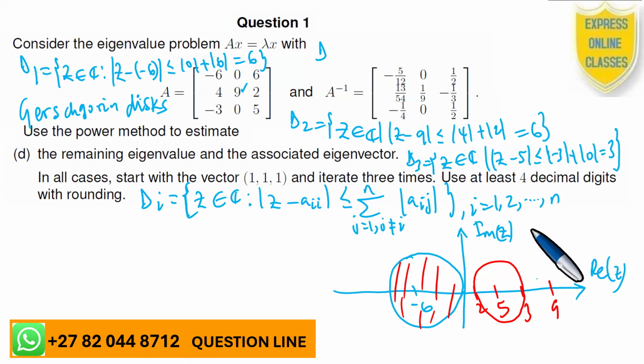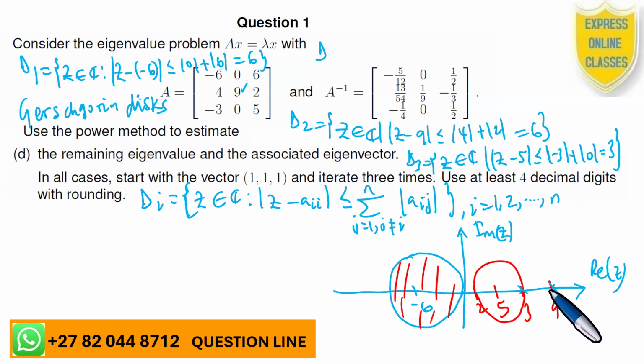So you take 9 and subtract 6 from it, because the center is 9 and we have 4 plus 2, which gives exactly 6. So 9 minus 6 gives you a 3.